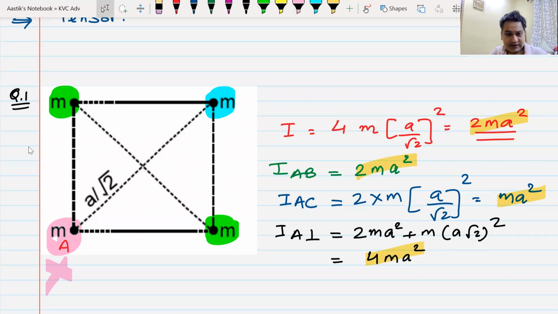No, I don't have point masses, so we will move ahead.